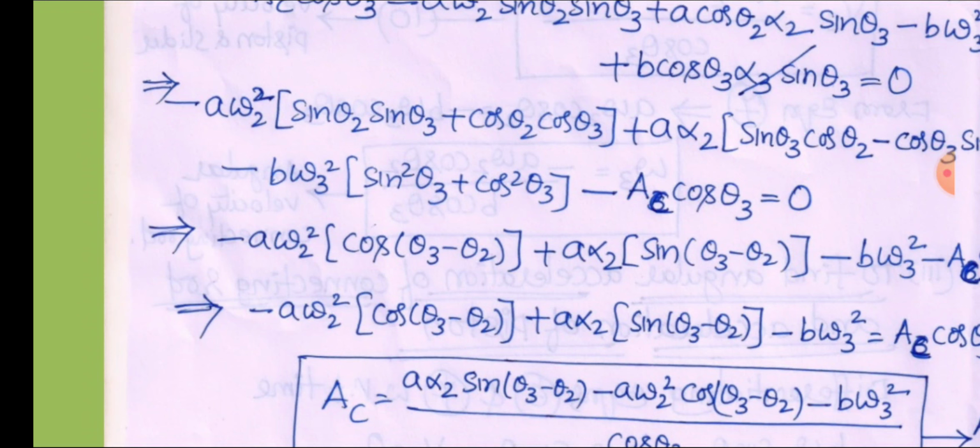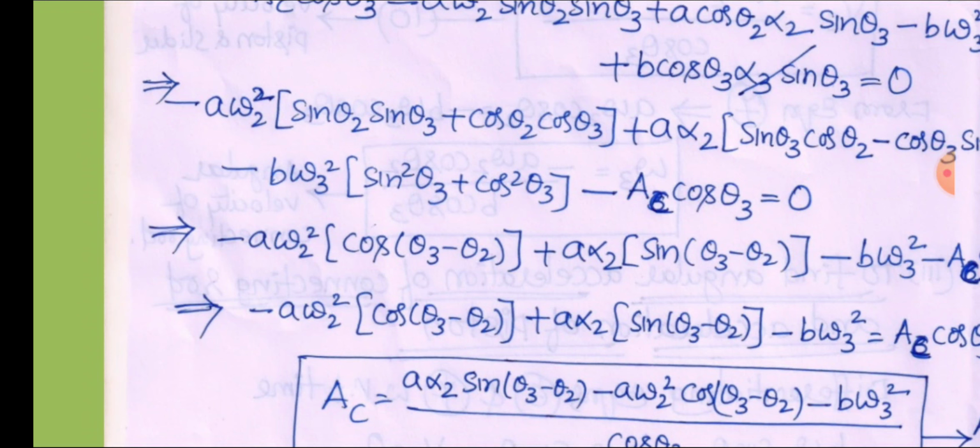Now take this AC cos theta 3 to the right hand side, then it will become minus a omega 2 square into cos of theta 3 minus theta 2, plus a alpha 2 into sin of theta 3 minus theta 2, minus b omega 3 square, is equal to AC cos theta 3.